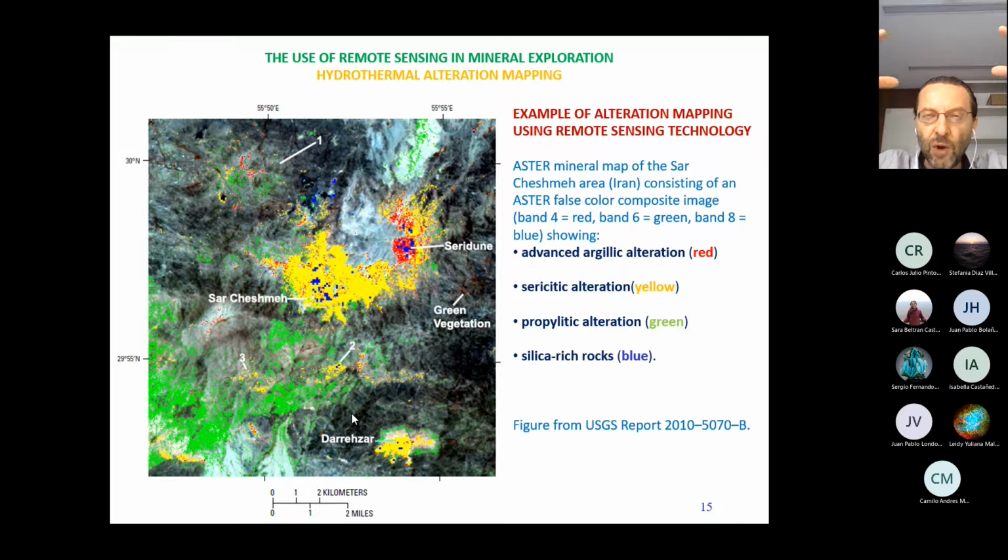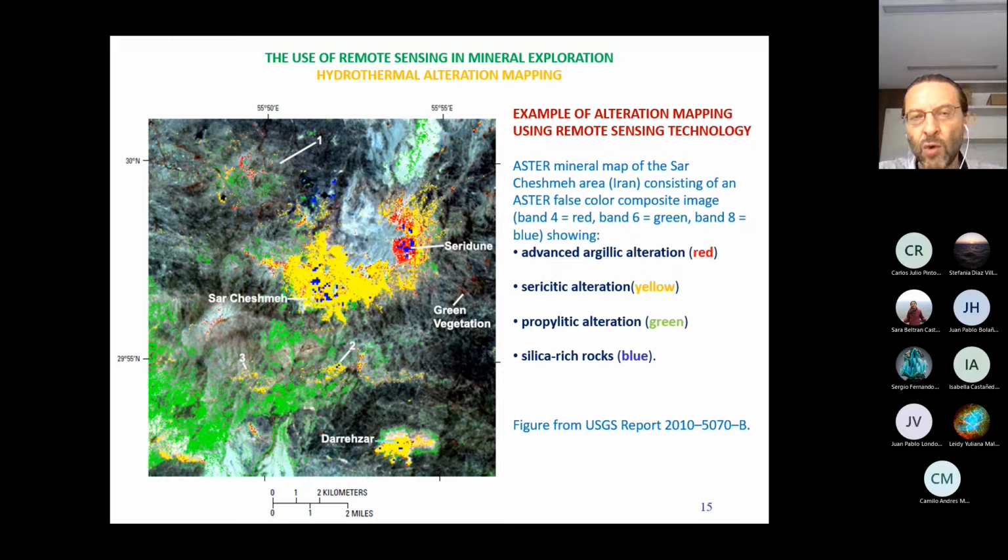So you remember I was showing you that the propylitic is the outside envelope of a system, and it actually extends for large distances. So basically here it seems that you are more or less at the outside margins of this big system. And in yellow, you can see the sericitic alteration. So basically, sericitic means, okay, we are interested in getting to the potassic alteration zone. Where that is, we don't know exactly.